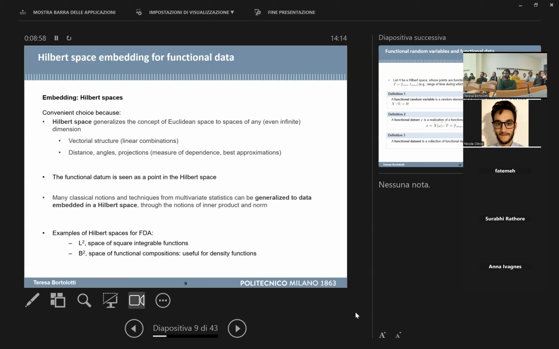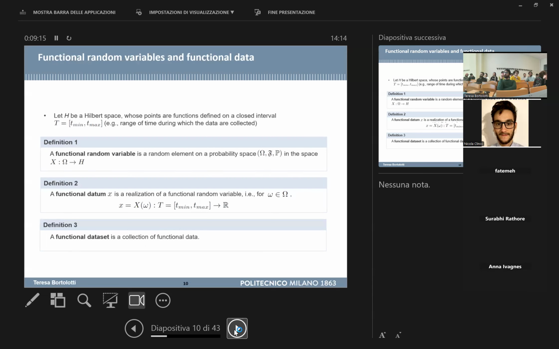The exception is when you are dealing with functions that are constrained, for example, density functions. In those cases, you may prefer working with Bayes spaces. All right. So just to be a little formal, let H be a Hilbert space. The points in a Hilbert space are the functional data that are observed and defined on a compact domain.